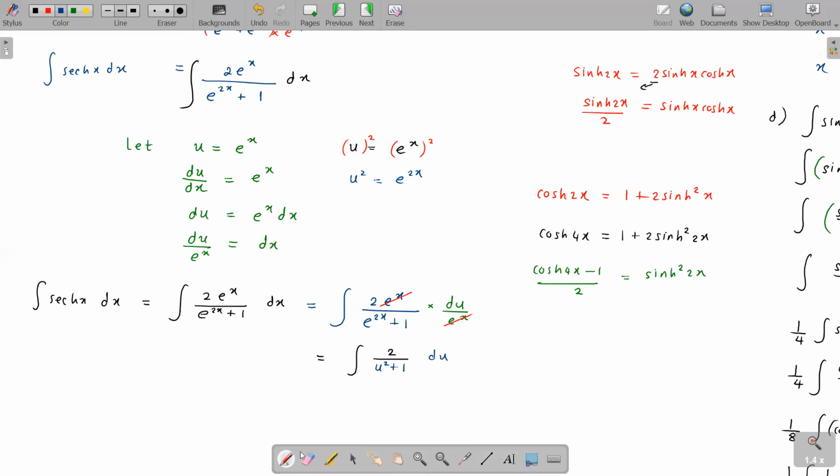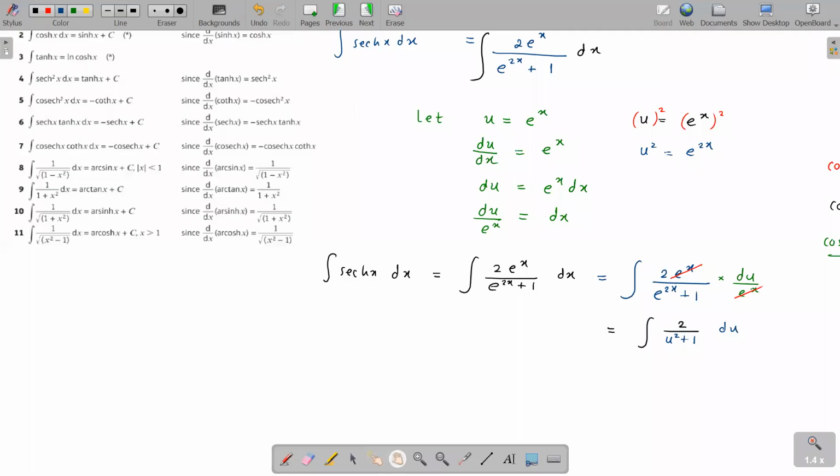You can take the 2 out and we get the integration of 1 over u squared plus 1. Now go back to our integration rules. I have brought the rules here. Out of these rules, which integration rule are we using with respect to u? 1 over u squared plus 1. We can use rule number 9, 1 over 1 plus x squared. So 1 over 1 plus u squared.